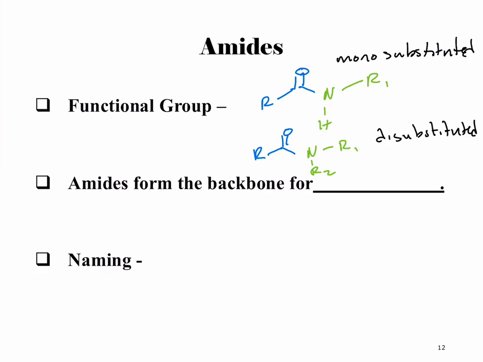So one spot is taken up by the blue group there, which is the acyl group or the carboxyl group, and the other positions are either filled with hydrogen or R groups. And so we can also have a not substituted amide as well, where you just have all hydrogens there. And so this is an amine side plus a carboxylic acid side.